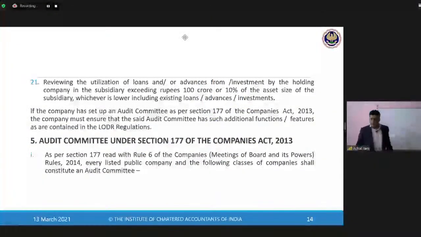Hi. So we'll now continue with our discussion on this part related to the audit committee. Harshad is asking, do we need to remember the roles of the audit committee for the exam? Of course, yes. Everything which is there in the study material, you should remember.